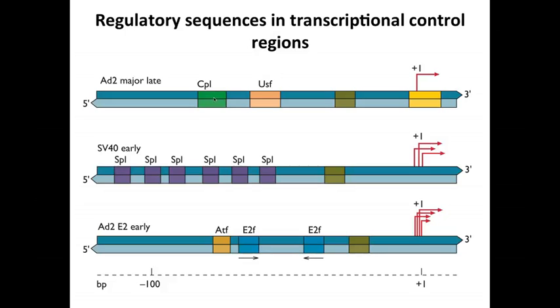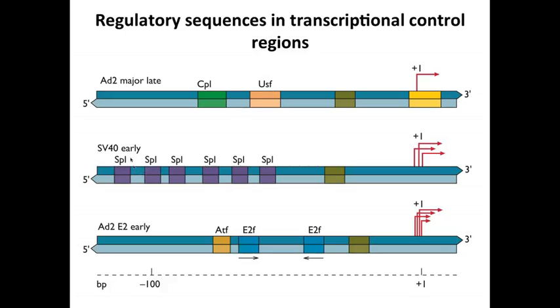And again, these are specific DNA sequences that bind very specific proteins that are involved in transcription. And these are given names like CP1 and USF. I happen to know that USF stands for upstream factor.